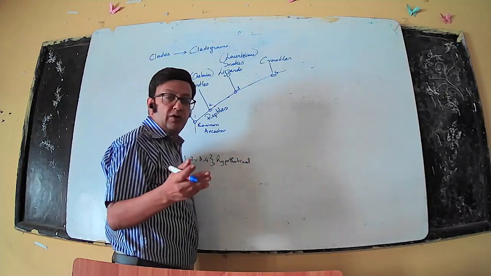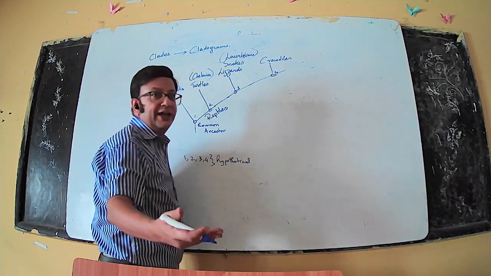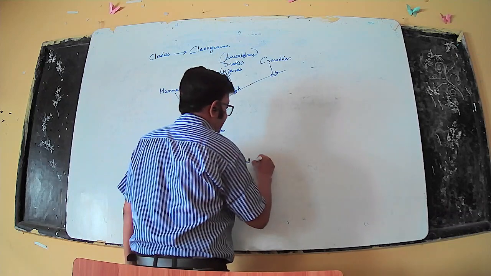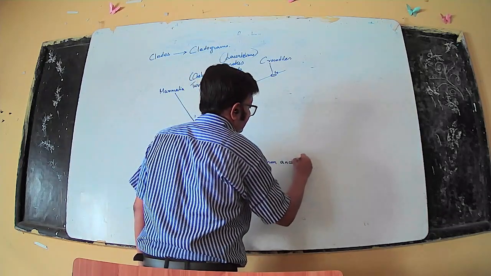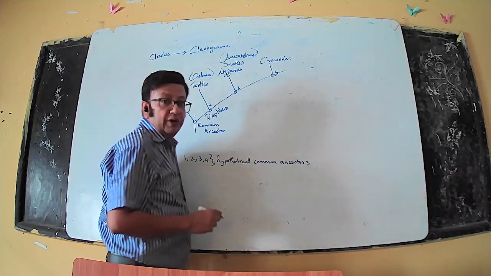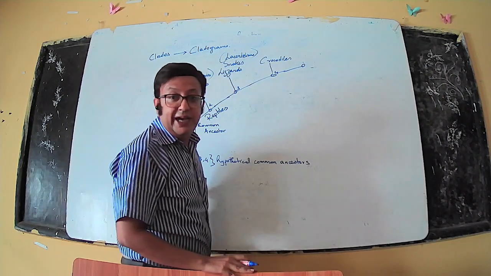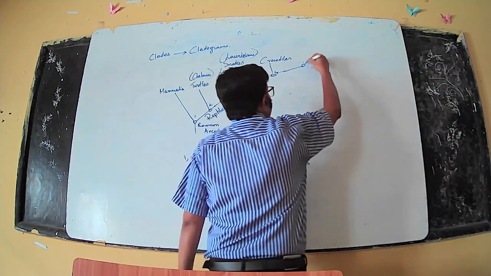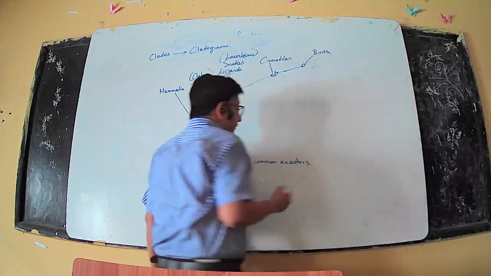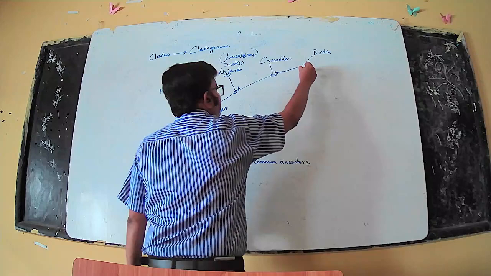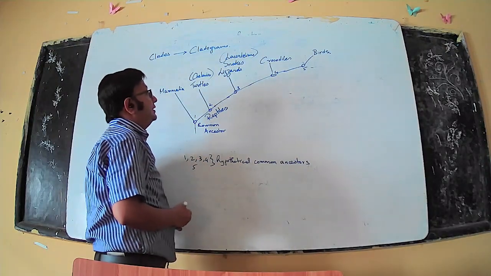Like I have talked about cladistics, it's the same thing: you are using cladistics to classify organisms. Crocodiles. And then there is a common ancestor, the dinosaurs maybe. From that common ancestor came up birds. 1, 2, 3, 4, 5 are hypothetical common ancestors.